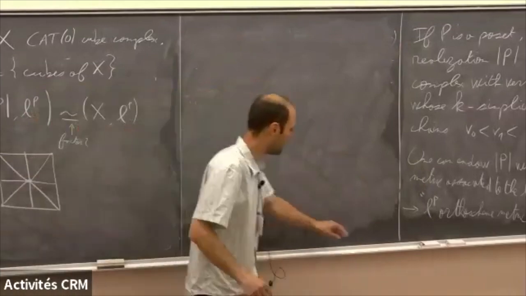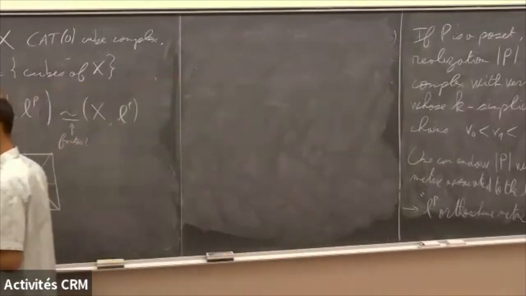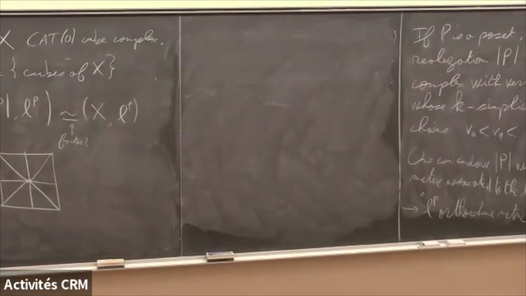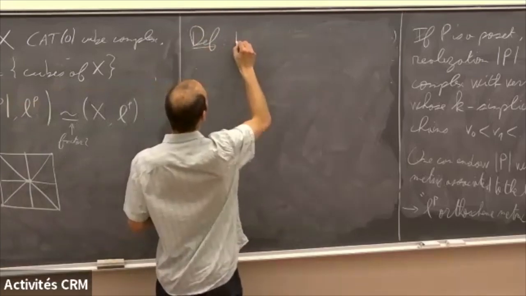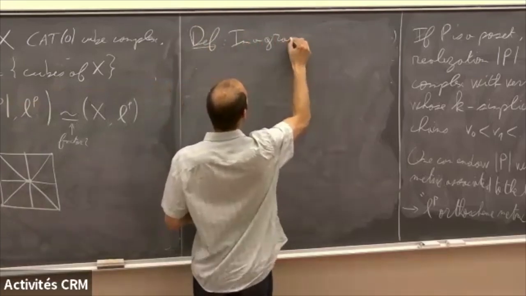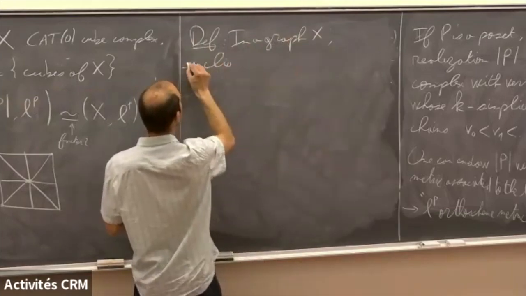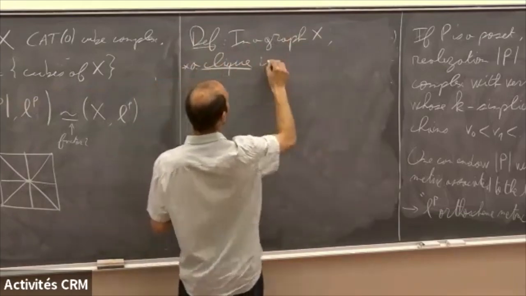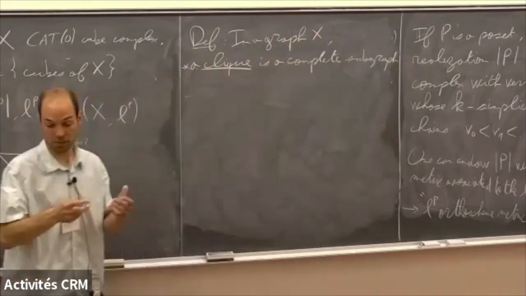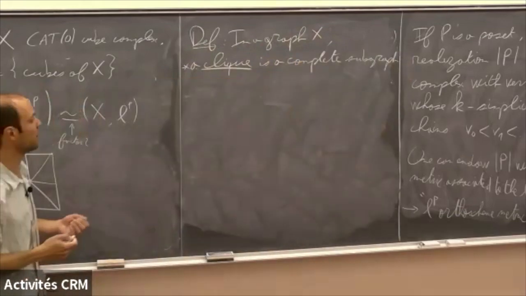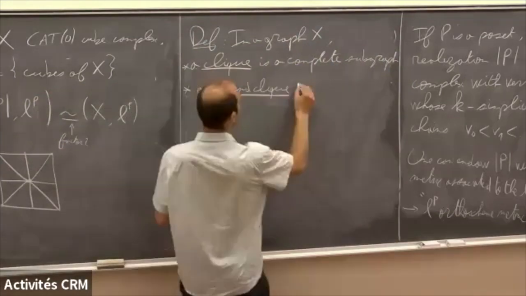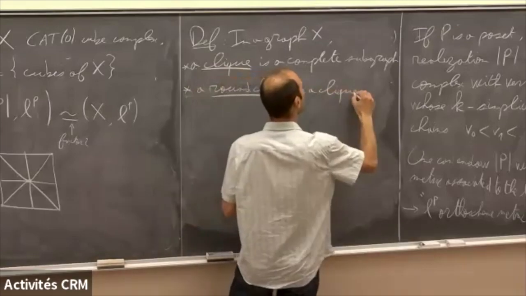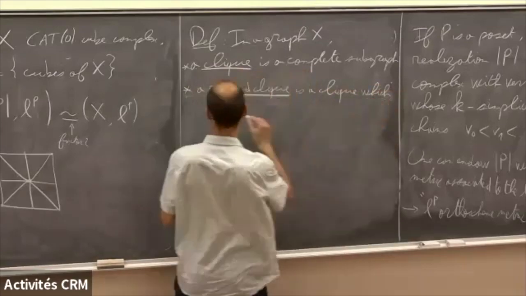And now I will come back to my problem of describing the injective hull of a Helly graph. So for this, I need a definition. In a graph X, a clique is a complete subgraph, meaning a subset where every 2 points are adjacent, and a round clique is a clique which is an intersection of balls.